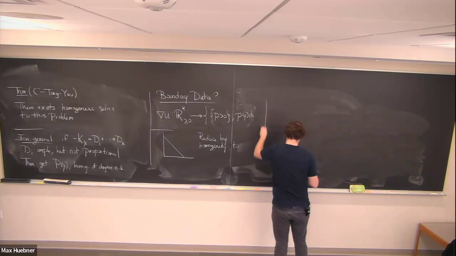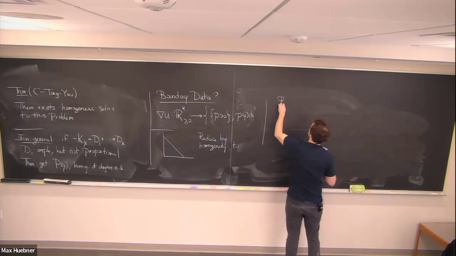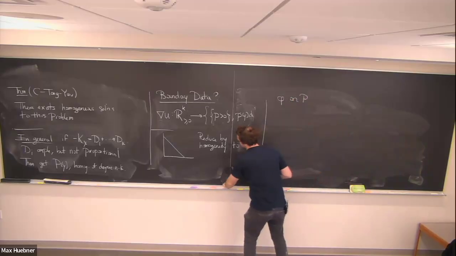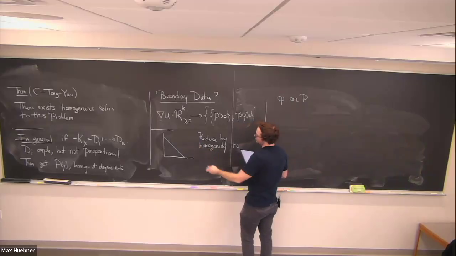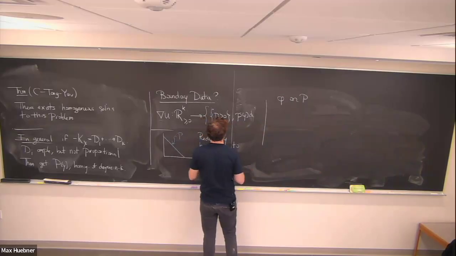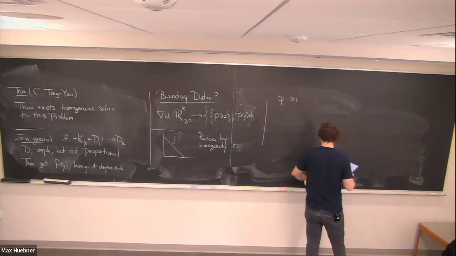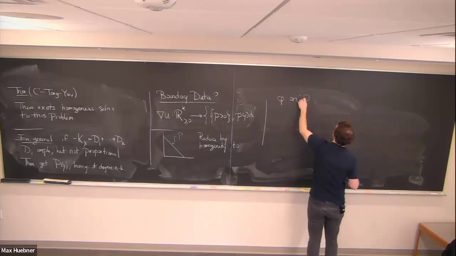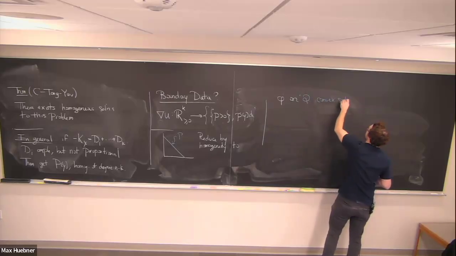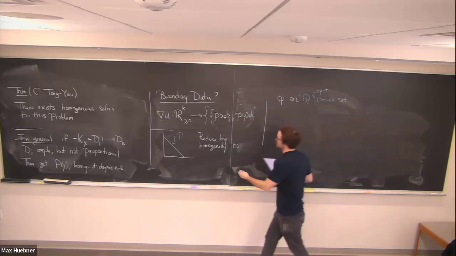You get a function phi on P. This doesn't need to be an orthant. It could be a cone over any compact set. Oh, sorry, I shouldn't call it P because I already used P. Let's call it Q, a compact convex set.